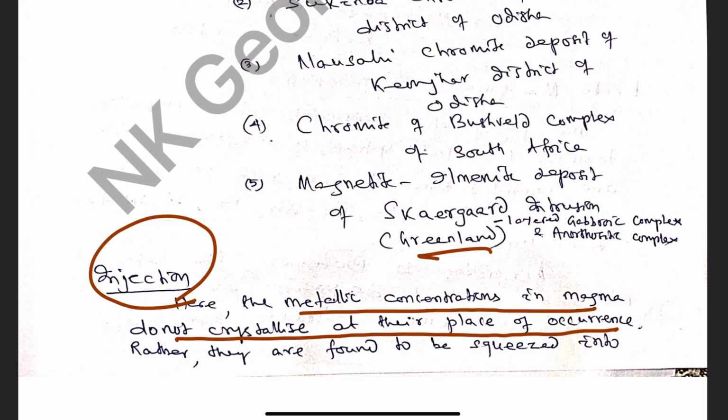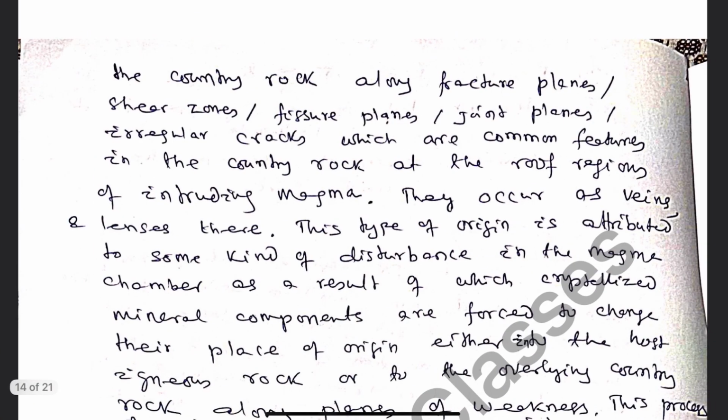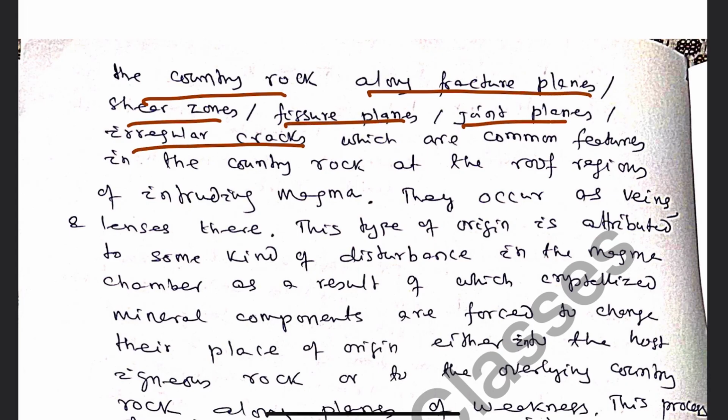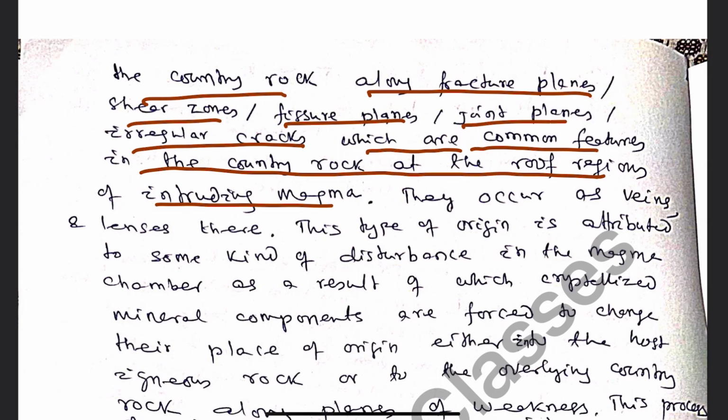There itself they are not found to be concentrated, rather they are found to be squeezed into the country rock along fracture planes, shear zones, fissure planes, joint planes or irregular tracks, which are common features in the country rock at the roof regions of intruding magma.